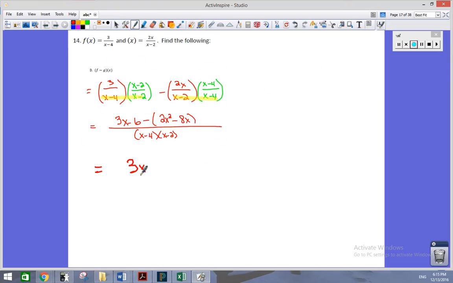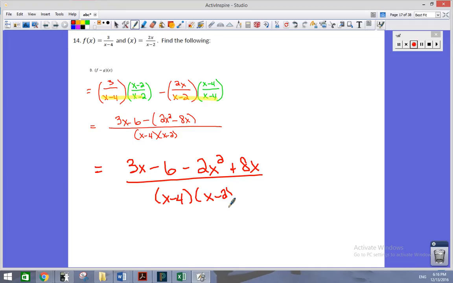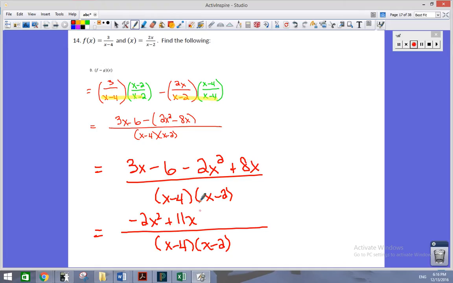I've got 3x minus 6 minus 2x squared plus 8x, all divided by this x minus 4 and x minus 2. And I'm just going to leave the denominator like it is. I'm not going to bother multiplying that out. I've got negative 2x squared, 8x and 3x is 11x minus 6.